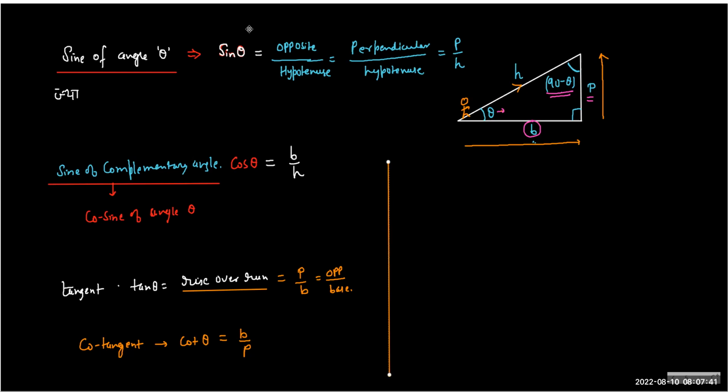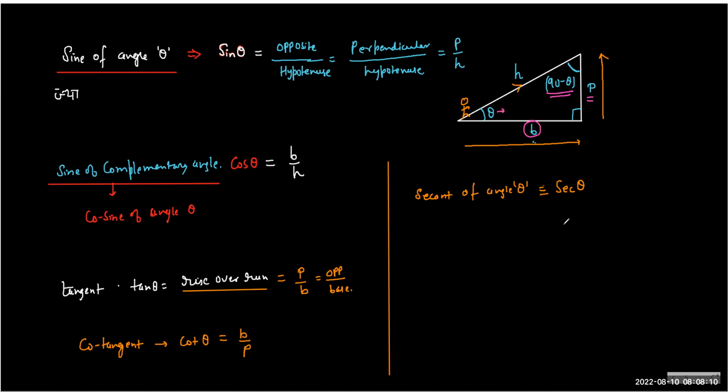And now comes the secant. Secant of angle theta. How do we write it? SEC, sec theta. In geometry, what we call a secant is a line which intersects a curve at least at 2 points, right?